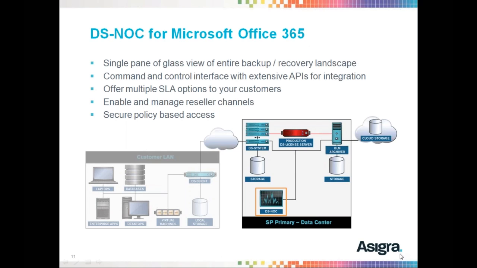All that is extremely important from the management perspective. And it is, of course, all policy-based access. So the users, when they log on to the DS-NOC, only do and see what the MSP who configured the DS-NOC allows you to do. So it's all permissions-based, but do keep in mind the DS-NOC is mandatory for the Office 365 and Google Apps backup set creation.